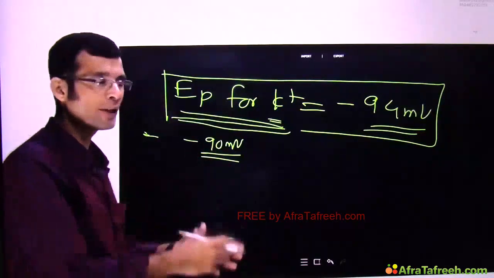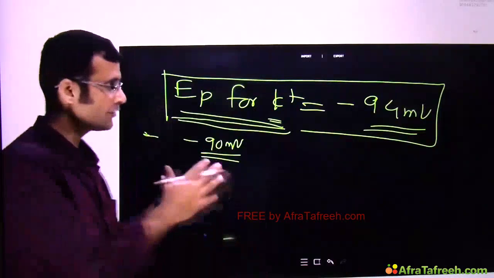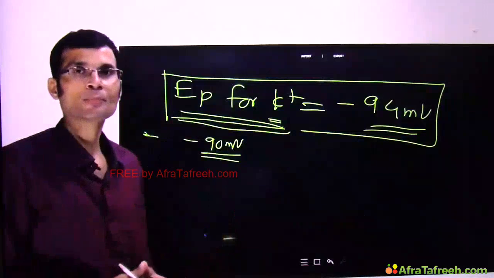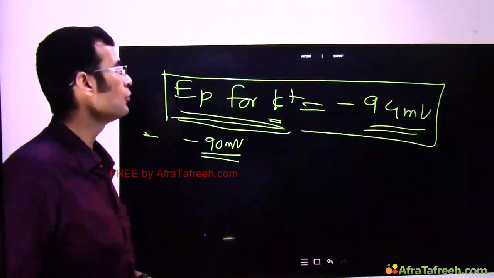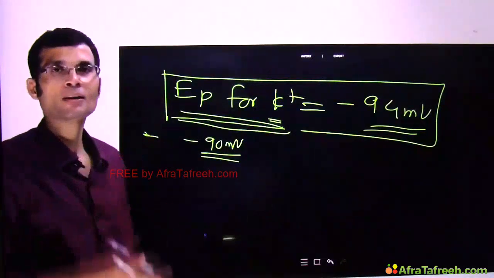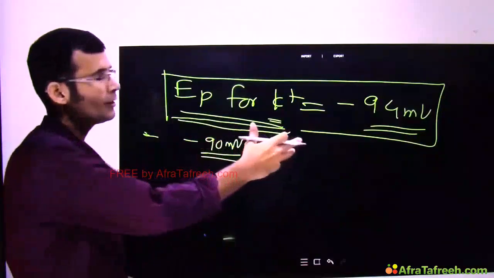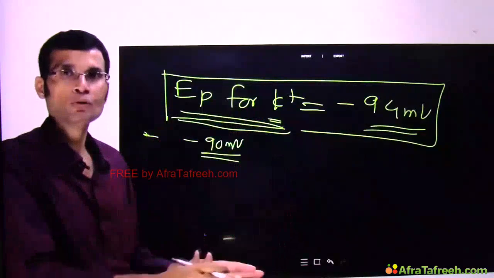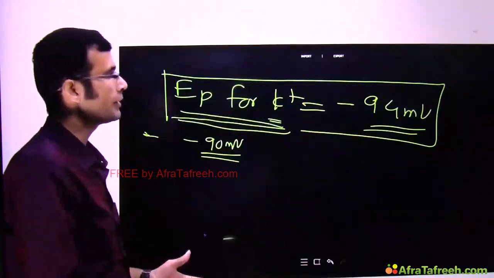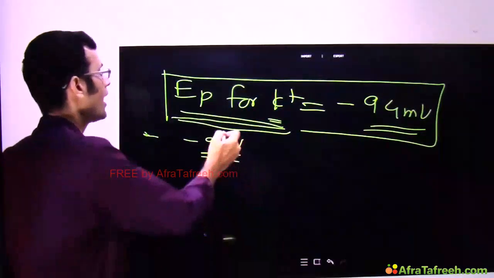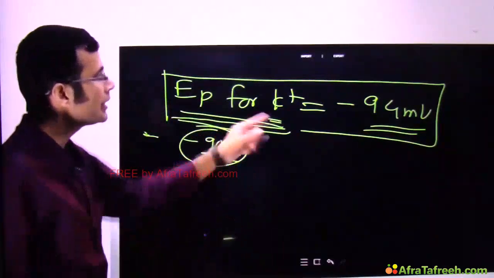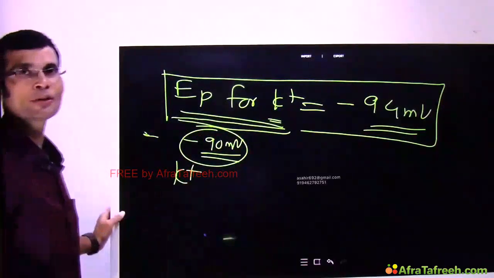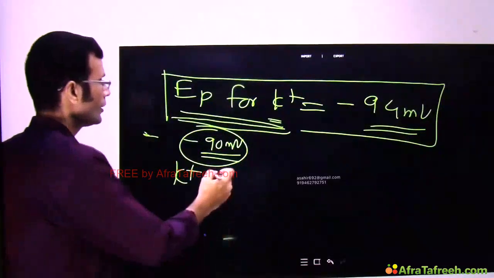If only sodium were to move and reach equilibrium, RMP would be plus 61 millivolts. If only potassium were to move and reach equilibrium, RMP would be minus 94 millivolts. If both these ions move and they reach equilibrium simultaneously, and we are saying that the RMP is minus 90, that means potassium is the greatest contributor to the development of RMP.